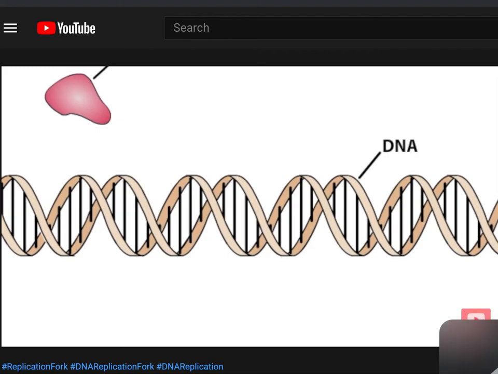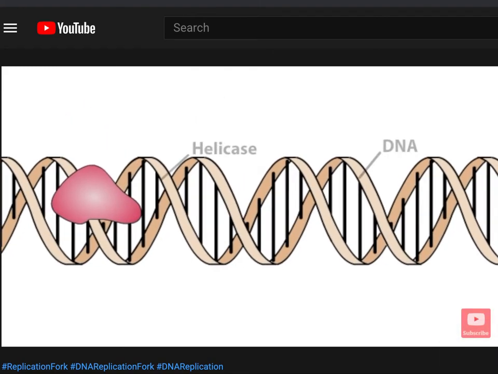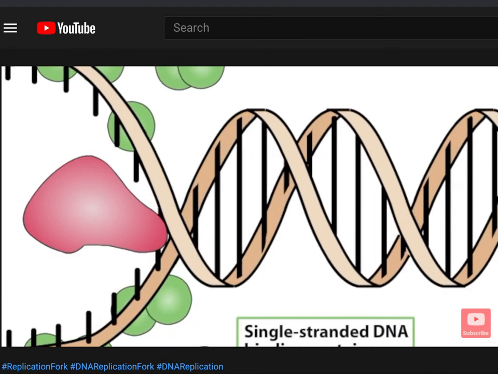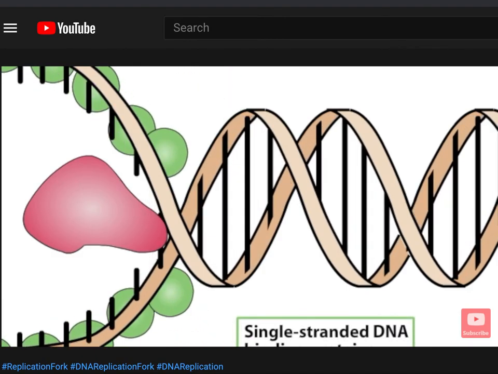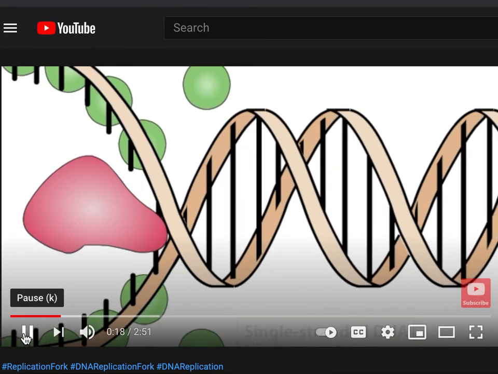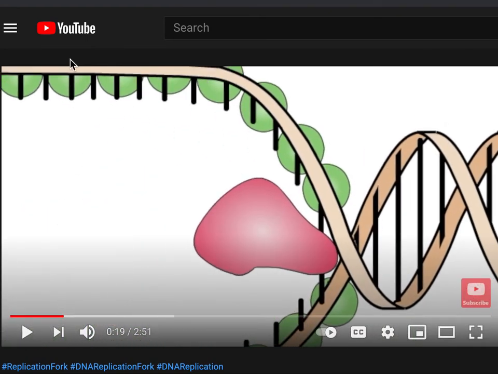When DNA replicates, the enzyme helicase separates the DNA strands. Single-stranded DNA binding proteins then stabilize the unwound template DNA, keeping it in an extended single-stranded state. So now I'm not putting these single-stranded binding proteins in your slides to memorize, but I will note that they are important.